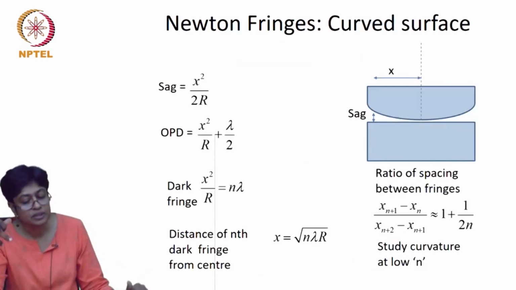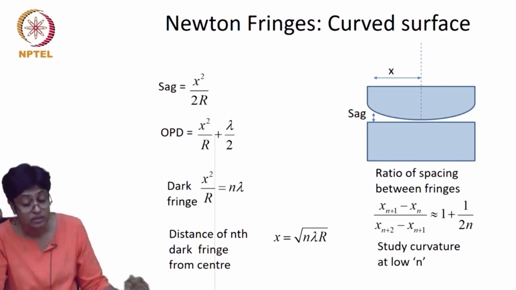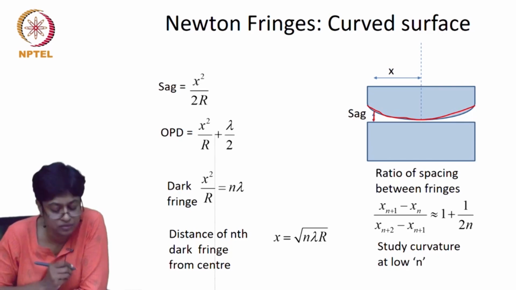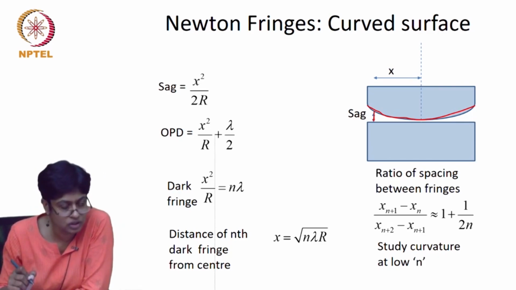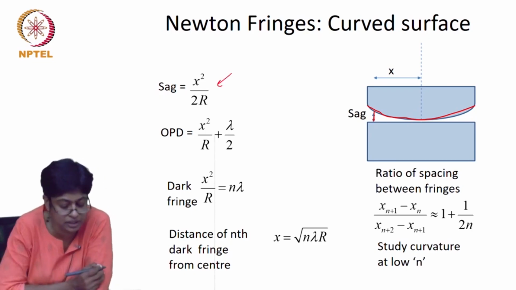So, what happens if the element under test is not a flat but a curved element? Say you are making a convex lens. What do the fringes look like over here? Again it is always controlled by this path length difference, and I can calculate it: if this is part of a sphere, then the sag is going to be determined by the radius of curvature of the sphere and the location from the center by this expression.